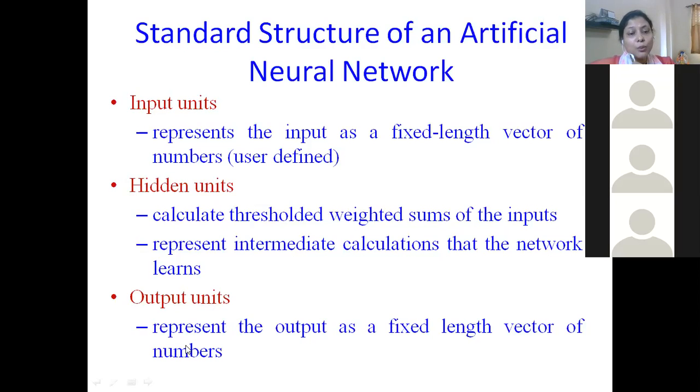The output units at the last also represent a fixed length vector of numbers, a single output vector which reflects the output result or the model output.